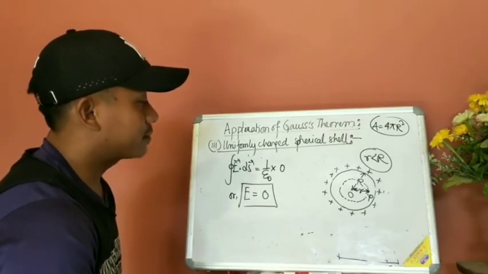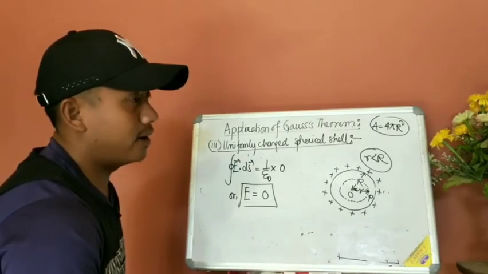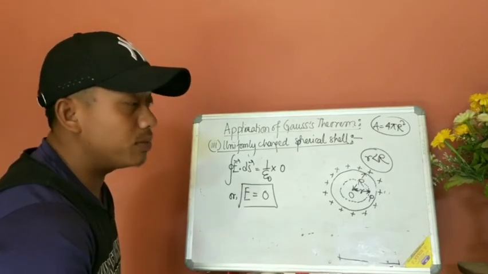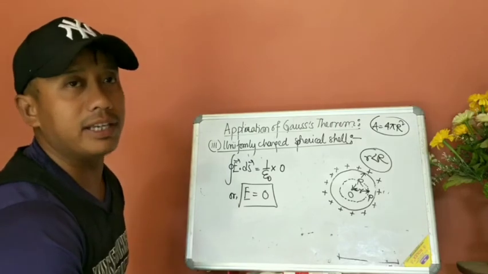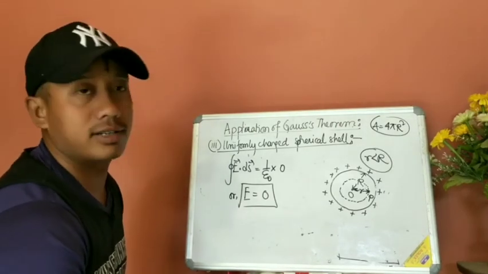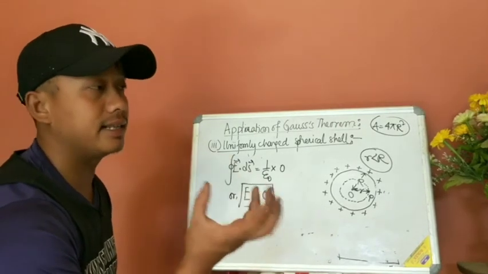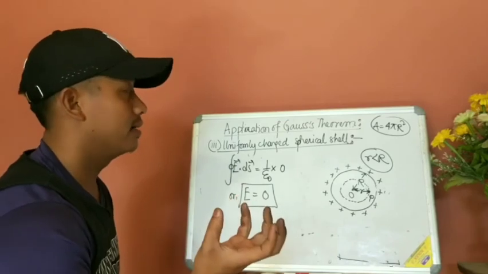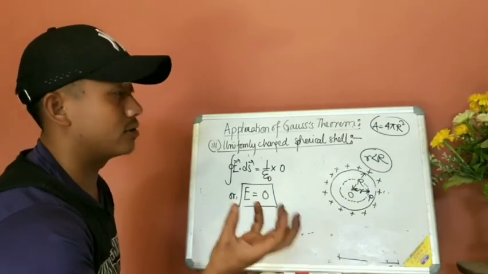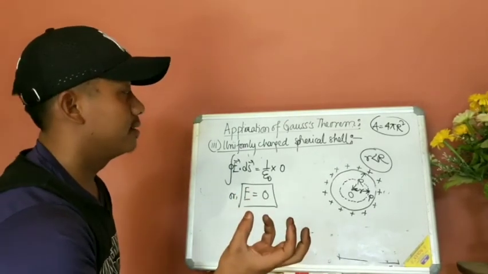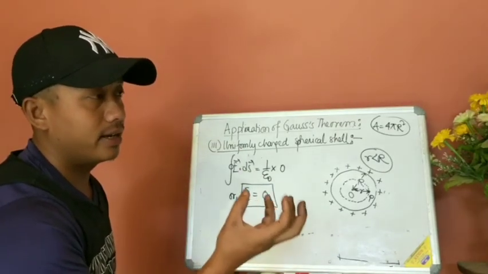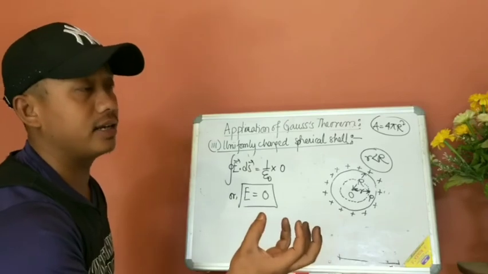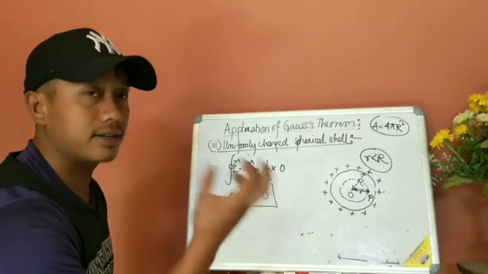This concept of electric field being 0 inside the charged surface is used in electrostatic shielding. Electrostatic shielding means that an object which you want to prevent from being exposed to the electric field, you can keep inside the charged surface.